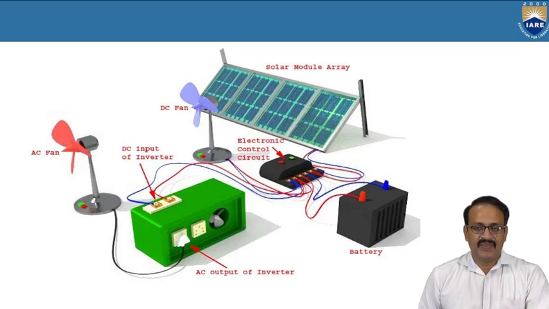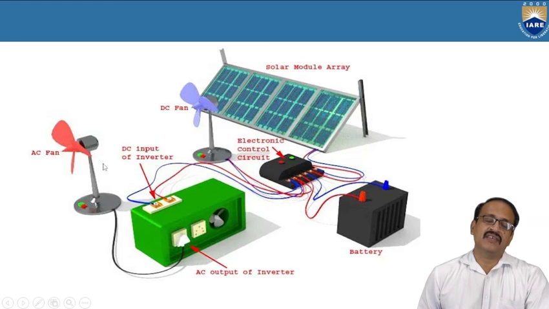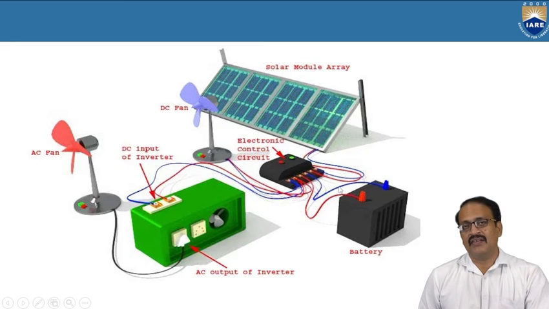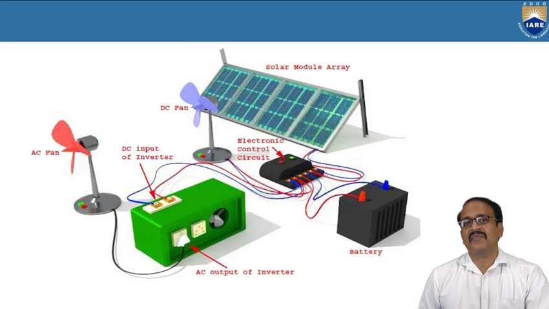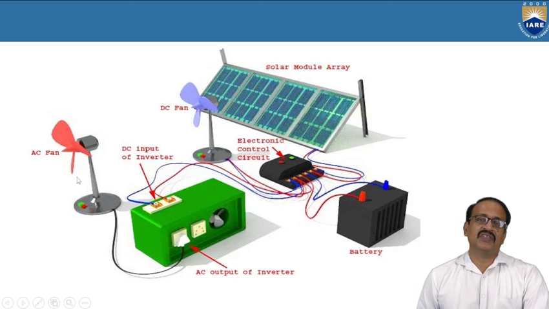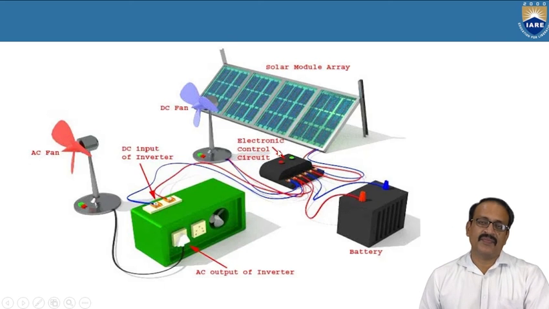Here you can see a DC fan and an AC fan. It will be able to meet the demand of DC and AC. It helps to function both DC equipment and AC devices. Both devices it can run.